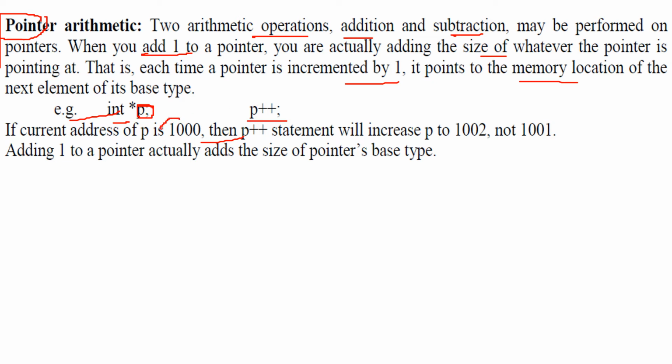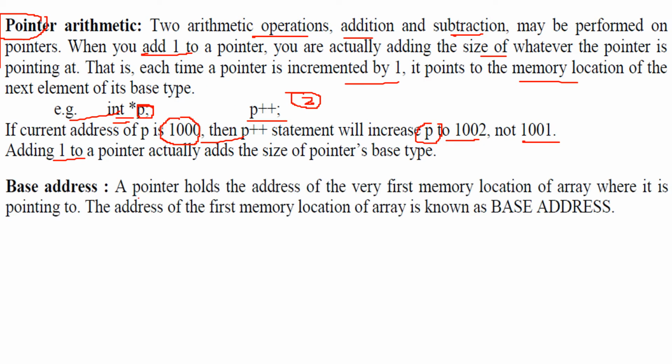If the current address of the pointer is 1000, and just assume that an integer takes 2 bytes, it will go to 1002, that is, p will increment to 1002 rather than 1001. So when we add 1 to a pointer, it actually adds the size of the pointer's base type. So what is the base address?